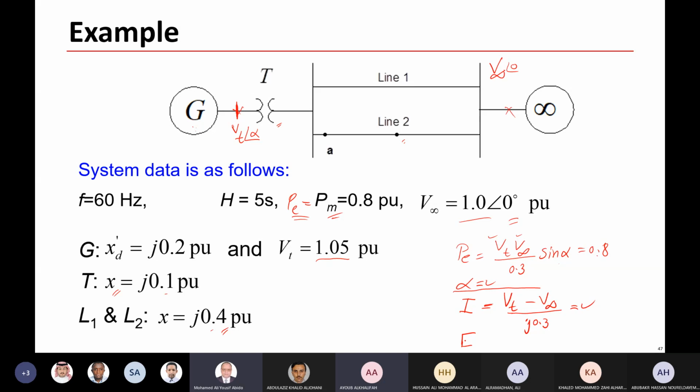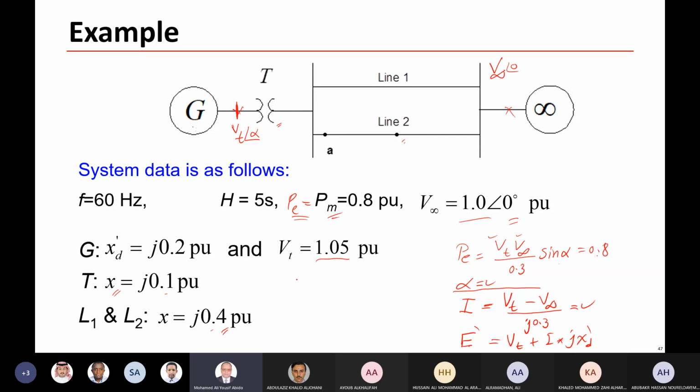you can get E, the internal voltage, equal to V_T plus I multiplied by jX_d prime. So you can get the E prime that we need here, and the angle, of course, which is delta in this case.